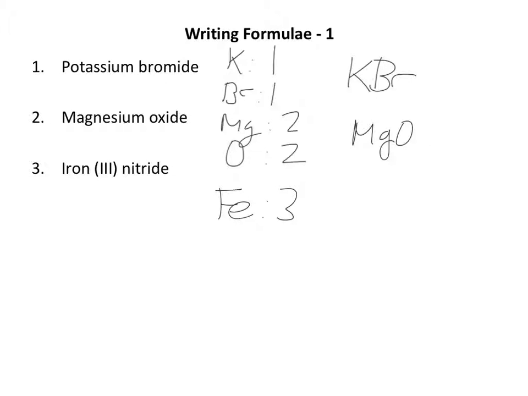And if we look at nitride, wonderful, you should find it is 3. So the formula is FeN. Not a compound I've come across very often, but for this section here, the golden rule is if they have the same valency, it's a 1-to-1 ratio in the formula.